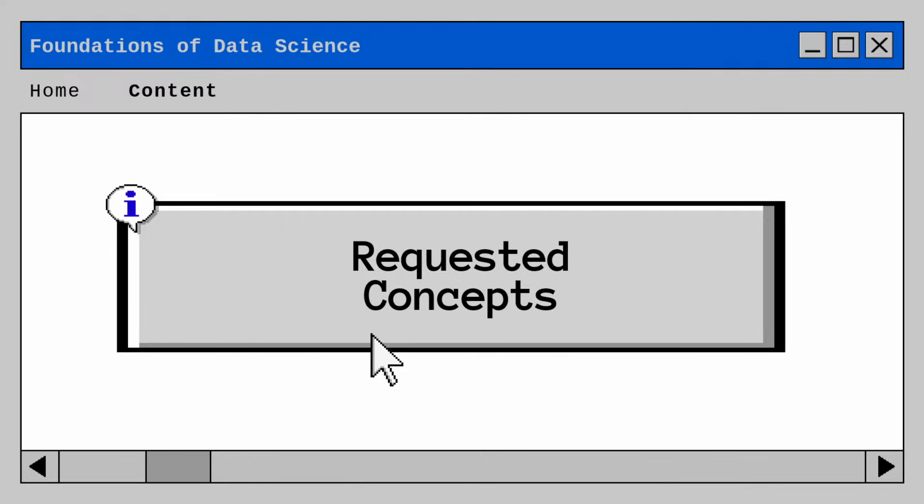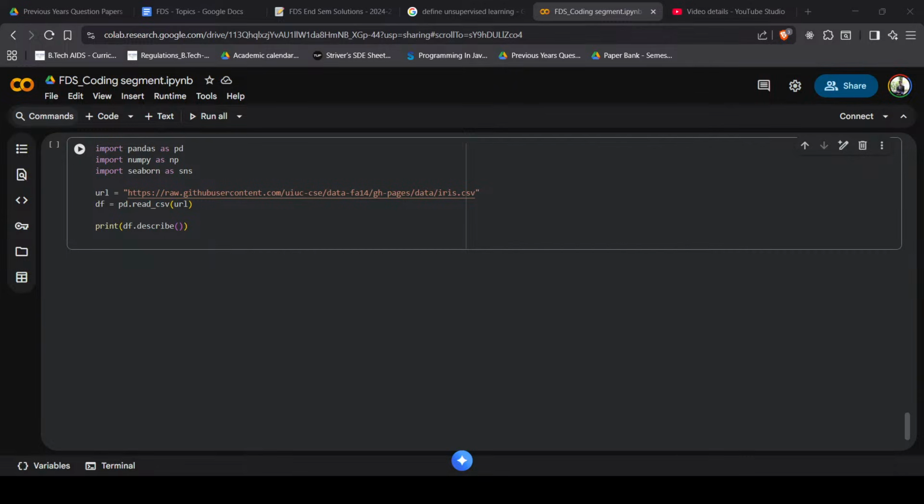So we'll just start off with the requested concepts. This is just a brush up session so that you can familiarize yourself with the core ideas before we dive into solving questions. The concepts that we'll be covering today are, first, visualization, that is your box plots and violin plots, when to use which one.